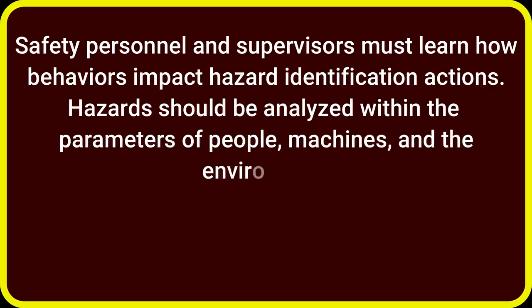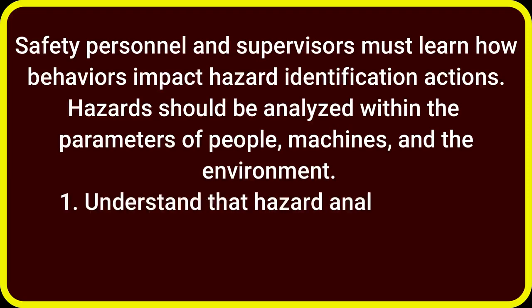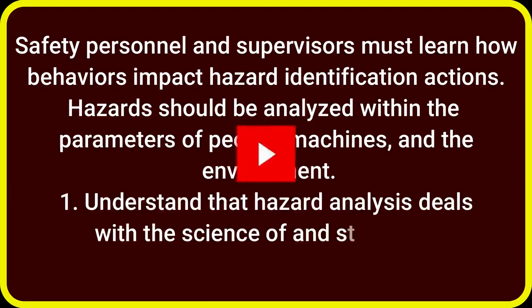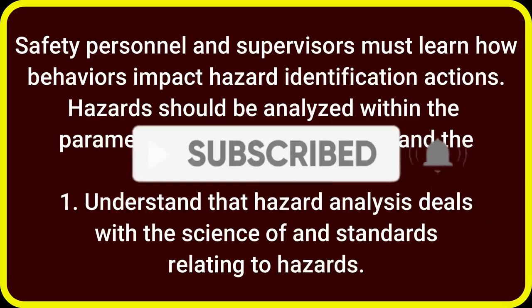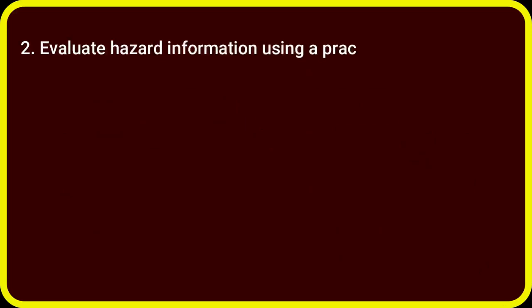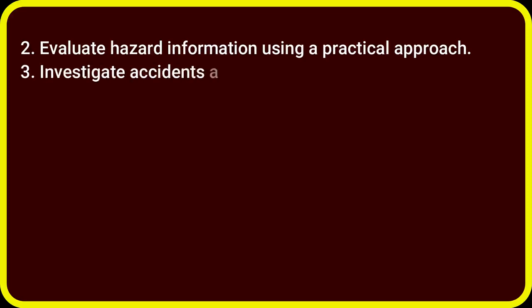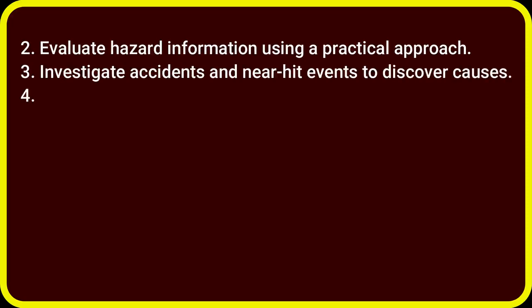As a minimum, if you are a safety practitioner or a site supervisor, here is what you should look for. Number one, understand that hazard analysis deals with the science of and standards relating to hazards. Number two, evaluate hazard information using a practical approach. Number three, investigate accidents and near hit events to discover causes.